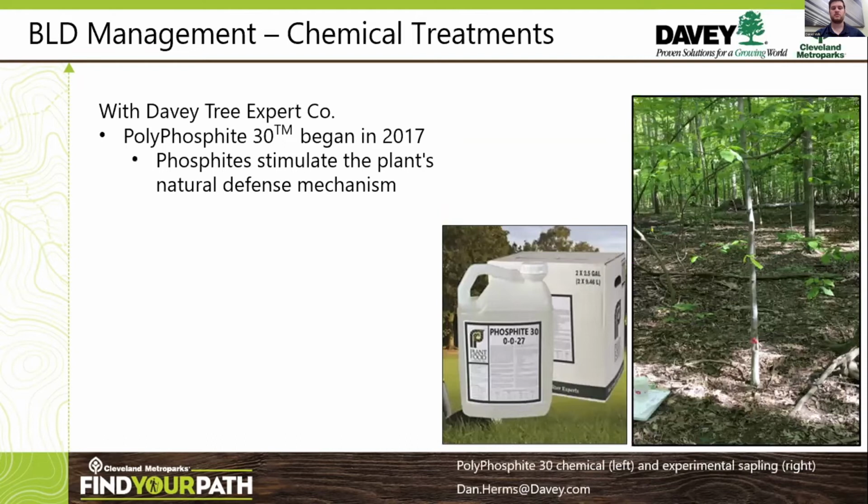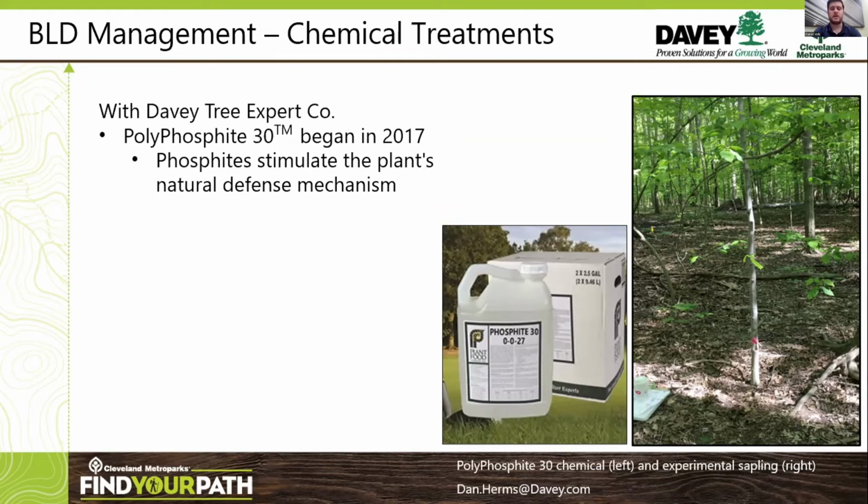But this is one of my favorite parts of this talk, because it's a little bit more uplifting, I'll say, promising. So we've moved on now to chemical treatments, which Mark said has been very effective in some cases. With Davey Tree Expert Company, Cleveland Metro Parks has started this polyphosphate 30 treatment, which began in 2017.